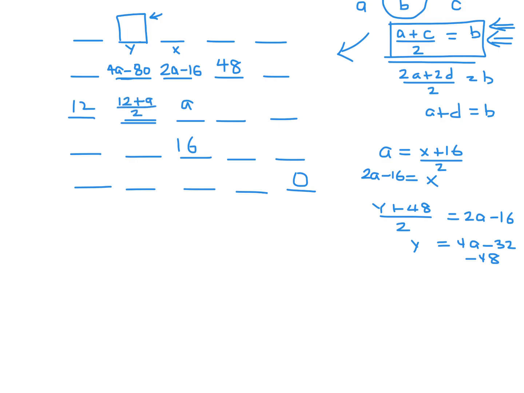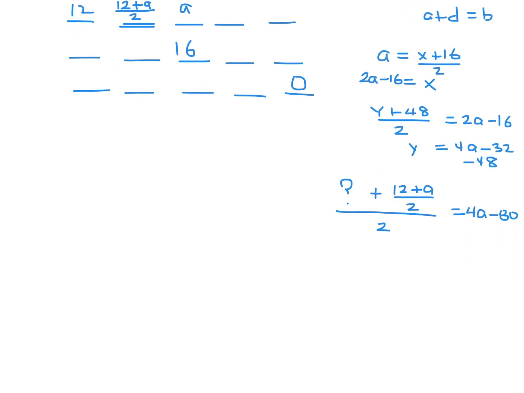Okay, now I can concentrate on that box. That box, which they have called a question mark, plus (12 plus a) over 2, all over 2, is equal to 4a minus 80. And that should allow me to get the question mark, at least in terms of the a.